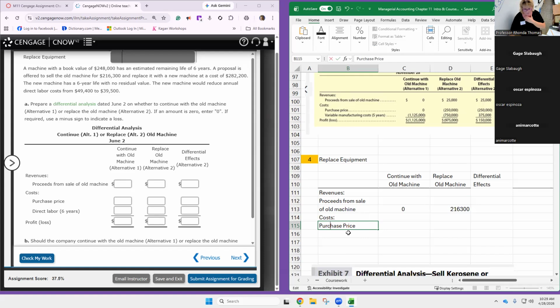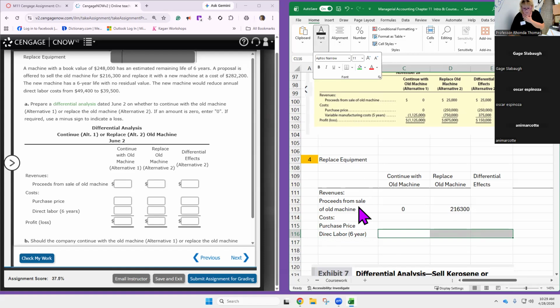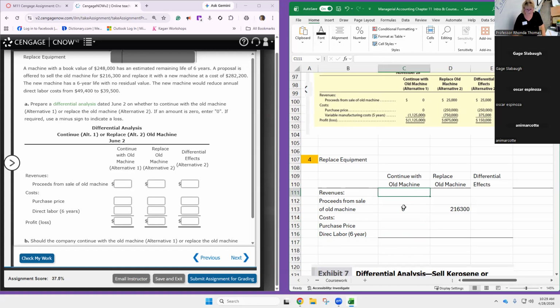So we have to figure that in too, and it's for 6 years. And then we're going to have either a profit or a loss, so we'll put the equal sign down here. So once again, the revenue from selling the machine, there is none if we keep it.